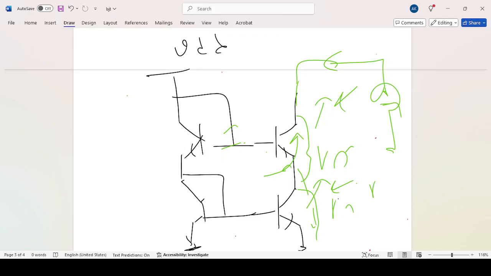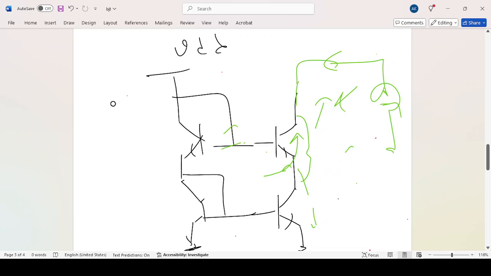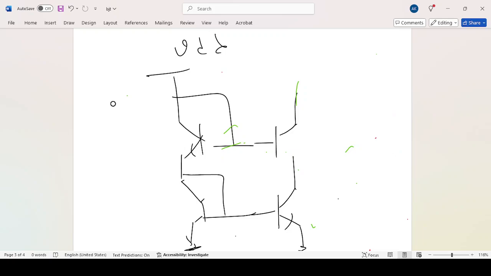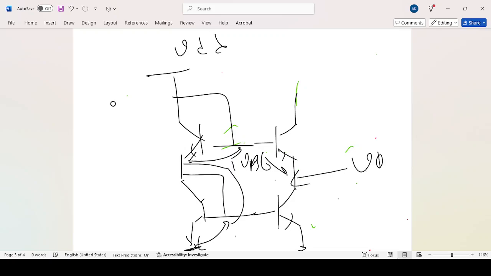Also, one nice thing to mention about this, you have the same phenomenon in BJTs, is to understand that this is not a very low voltage configuration, because you have VBE here, another VBE here, so 2 VBE, and here always will be VBE.